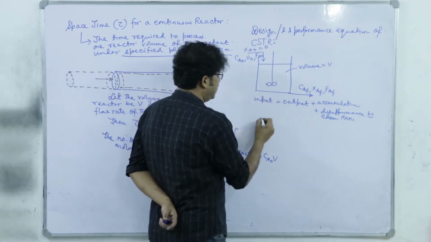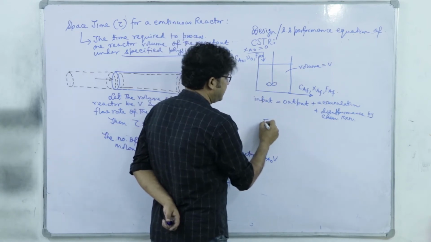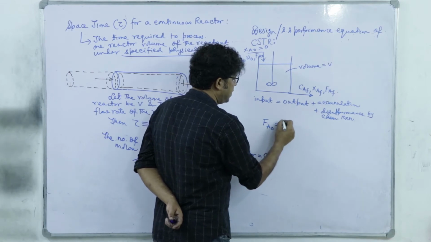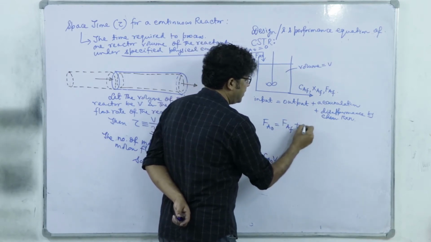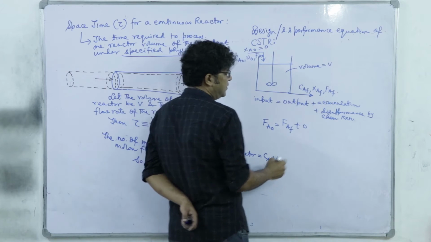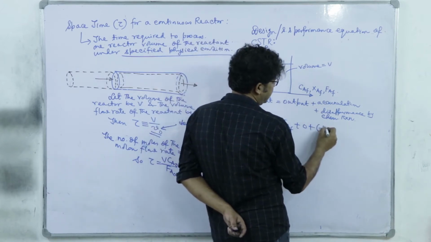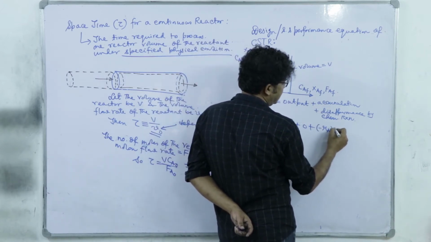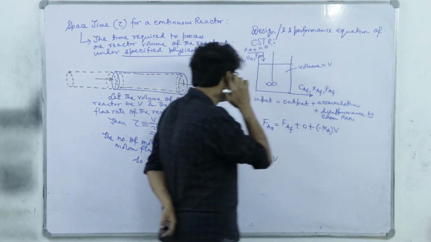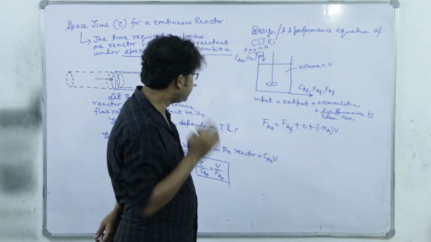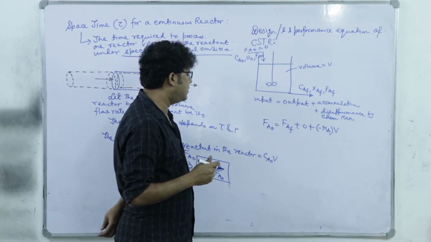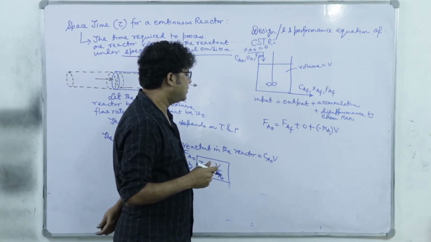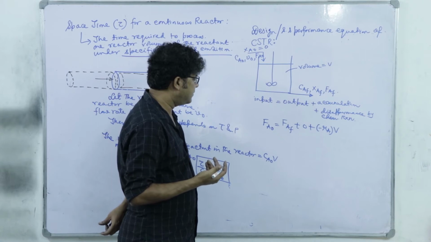Here what will be the input? It will be simply Fa naught. What will be the output? FAF. Accumulation is 0 because it is steady state, and disappearance by chemical reaction is minus Ra into V. Right.